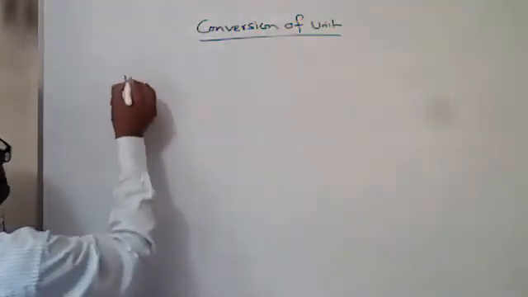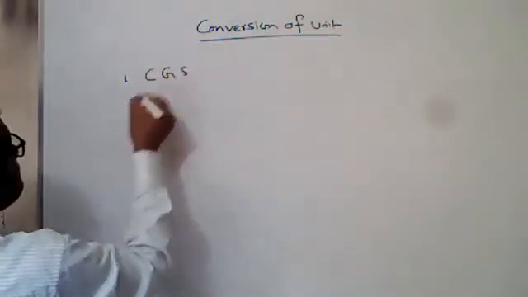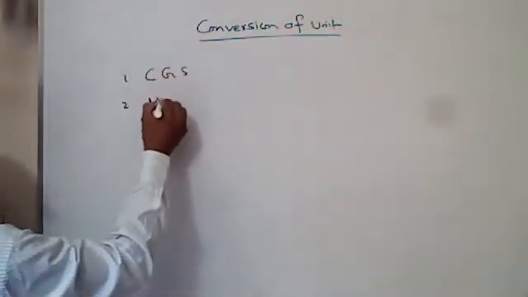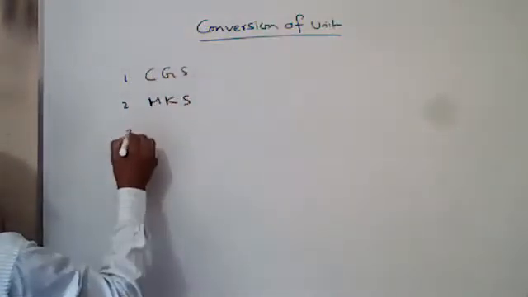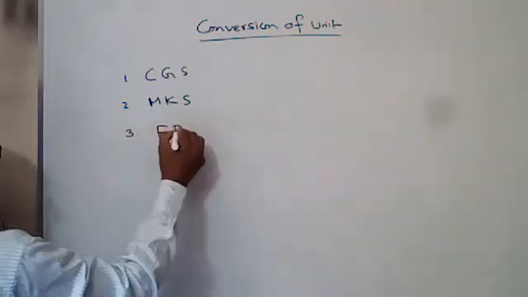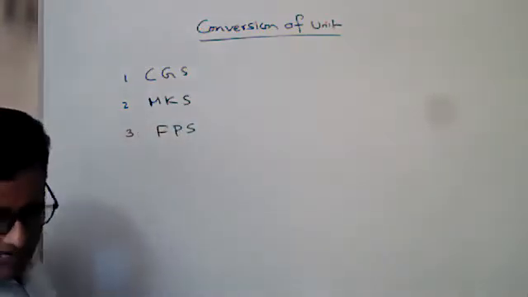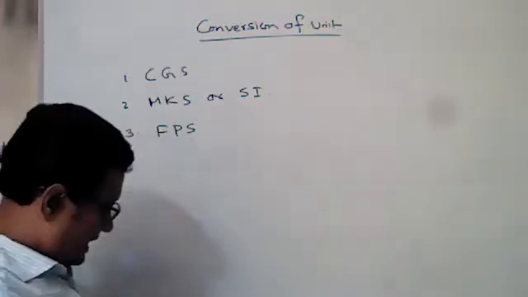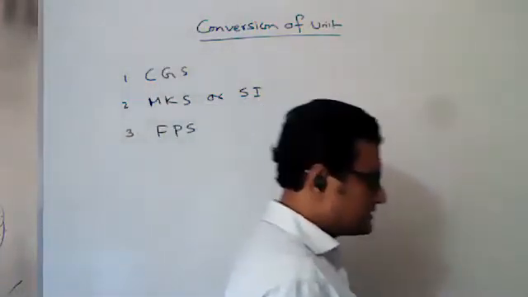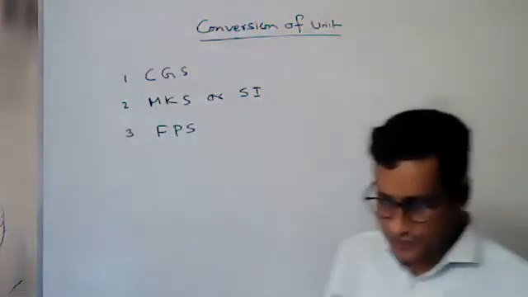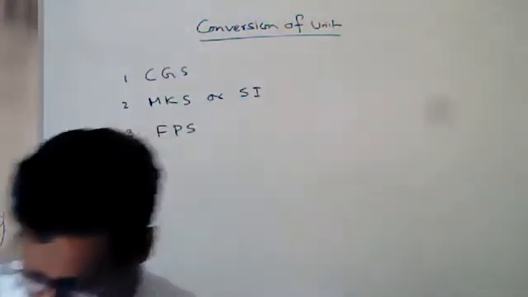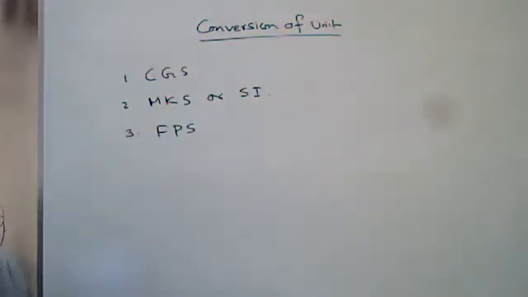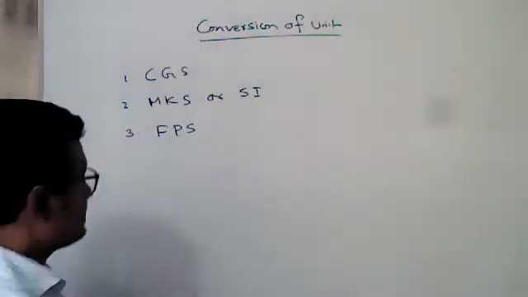One is CGS, number 2 is MKS, number 3 is FPS. MKS or SI, because in the MKS and SI systems, the units of the quantities are the same. So the MKS system is called the SI system.